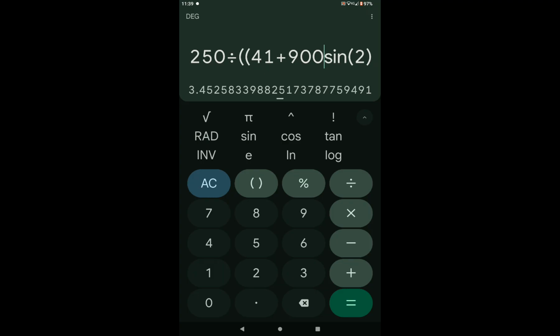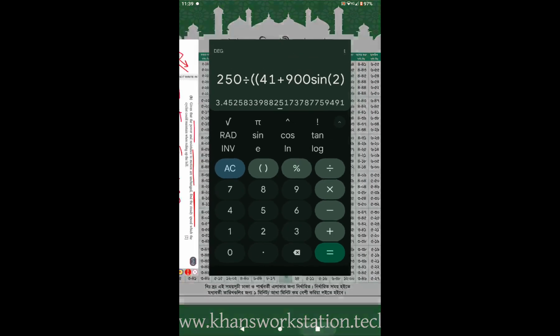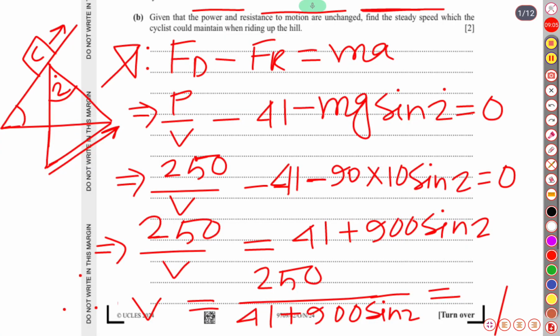250 divided by 41 plus 945, 3.45 equal to 3.45 is the velocity which is positive, so he is moving upward.